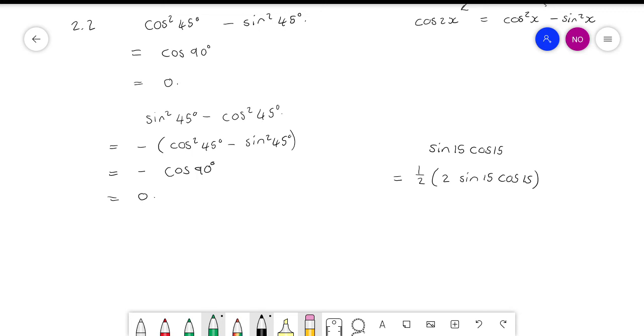You guys agree? I didn't change the value of the expression because 1/2 times 2 is still equal to 1. But I need that 2 there to be able to simplify that to 1/2 times sine 30. Which is, if I'm not mistaken, 1/2. So that'll be equal to 1/4.